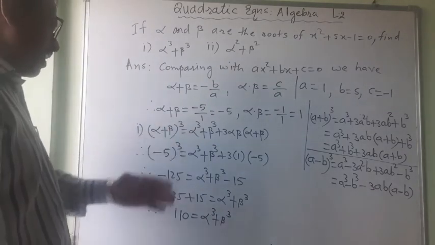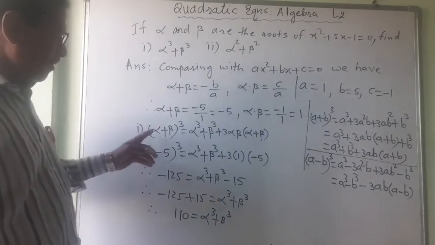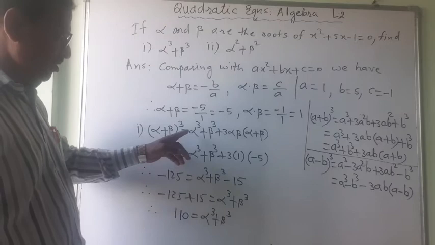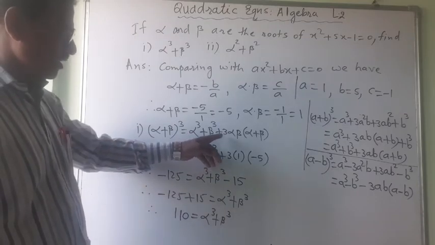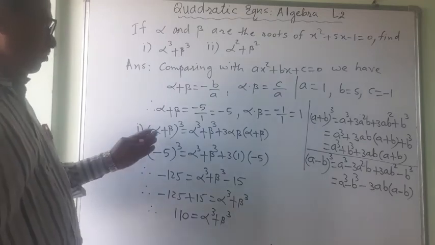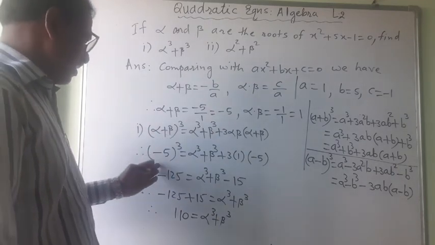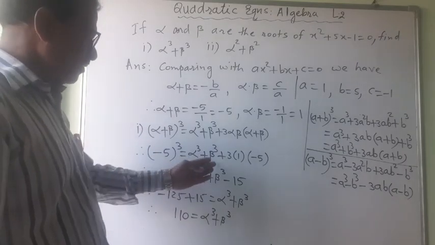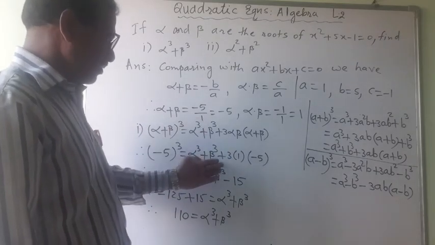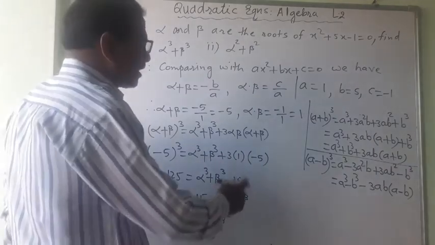See how I have solved. Just once again I will explain this. Alpha plus beta bracket cube is equal to alpha cube plus beta cube plus 3 alpha beta into alpha plus beta. Put the value alpha plus beta, the value is minus 5 cube. Alpha cube plus beta cube plus 3 into alpha beta is minus 1.